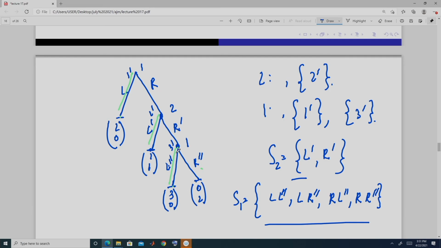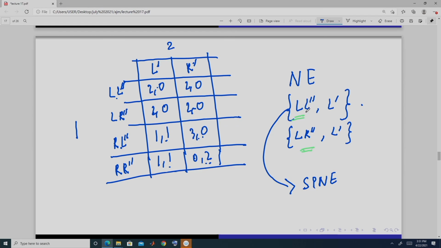So, that is why in this strategy L double dash is credible, but L R double dash is not credible. So, in that sense it is a subgame perfect Nash equilibrium.